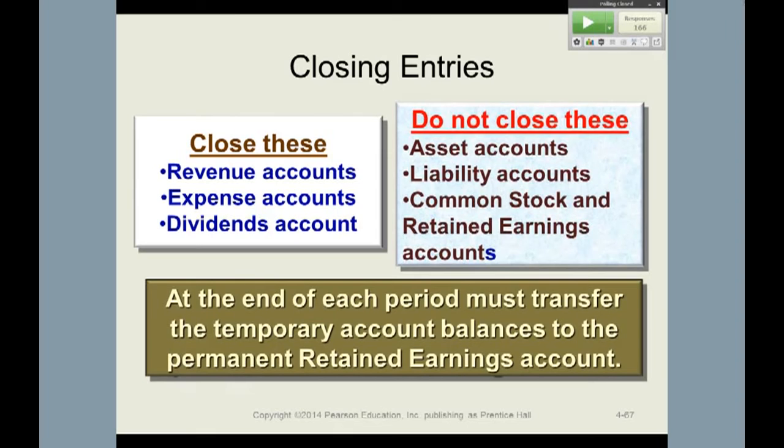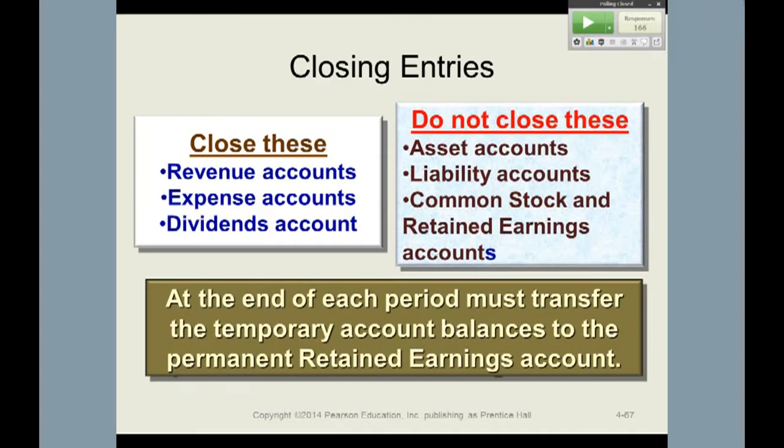Now, what's the balance of income summary? 400. So you got a $400 balance here, and that actually represents what? That's your net income for the period. Now, as I said, the income summary account is temporary, so it's not going to be around next period. So I don't want to lose this information. What do I do with it?